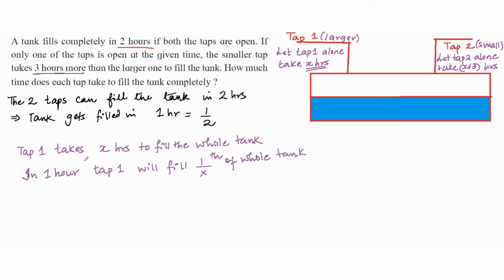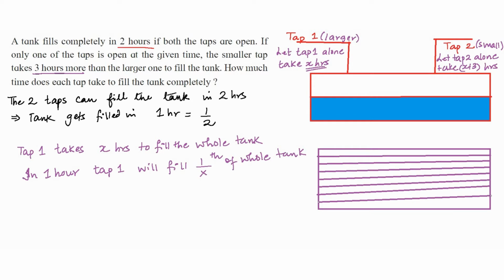For example, say if tap 1 takes 10 hours to fill the tank. So let's make a nice diagram. So let's assume that tap 1 takes 8 hours to fill the whole tank. So that means in 1 hour, it fills only 1/8 of the tank.